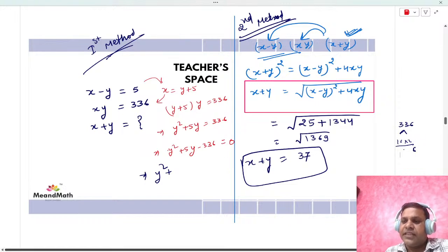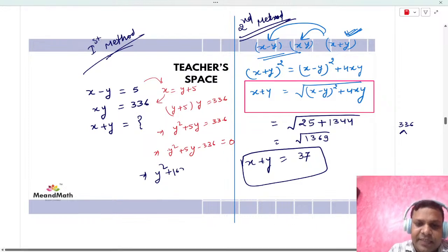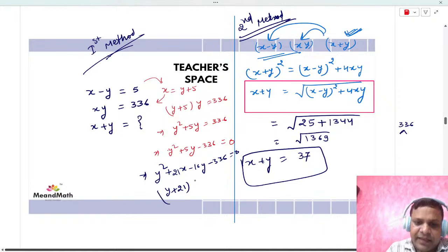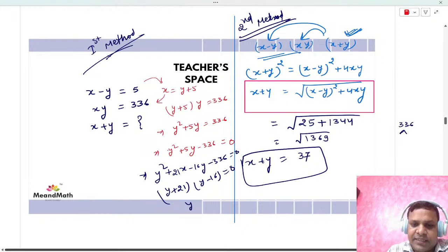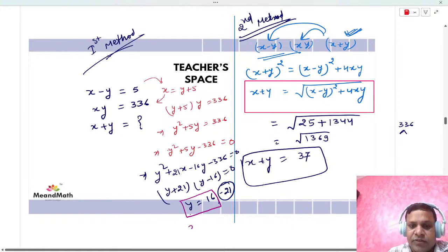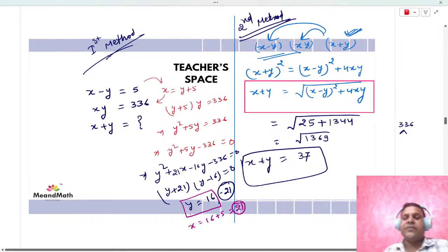Yes, 16 and 21. So this is plus 21y minus 16y minus 336 is equal to 0. From here, y plus 21 and y minus 16 is equal to 0. So y is equal to 16 and minus 21. Minus 21 is discarded. Why? Because it's a negative number. If y is equal to 16, so x is equal to 16 plus 5, 21. Now add both, 16 plus 21, that is 37.